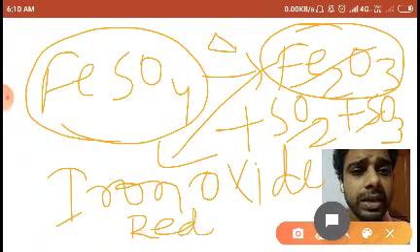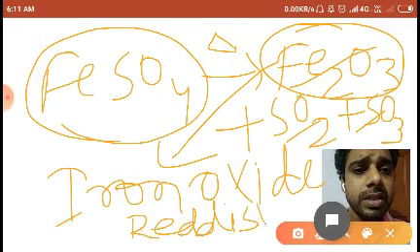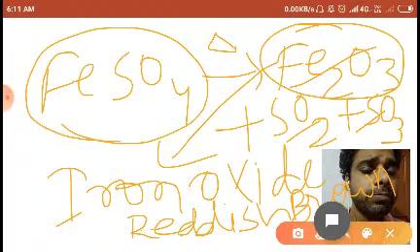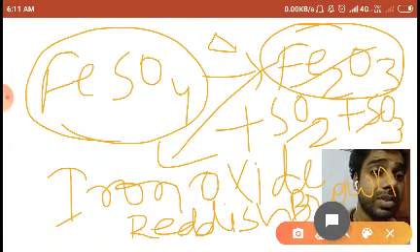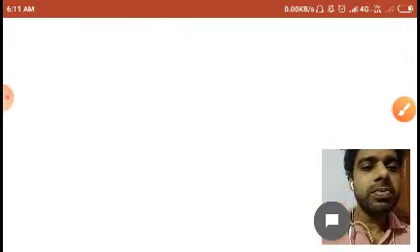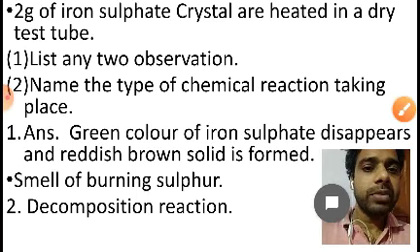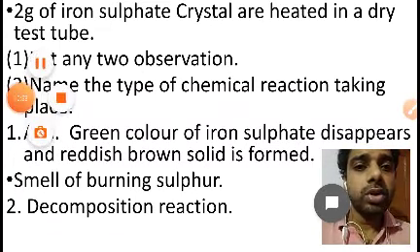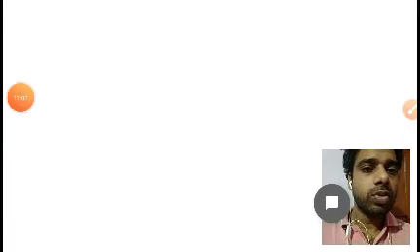Most importantly, write brown color. So this is the first observation. The second observation: a burning sulfur smell will come. And which type of reaction is it? This is a decomposition reaction. Now this question is over.